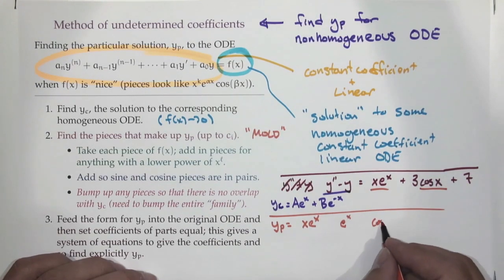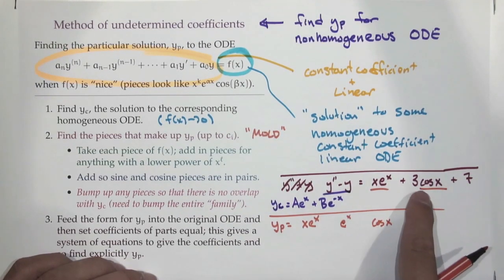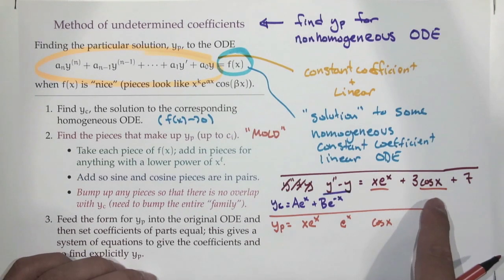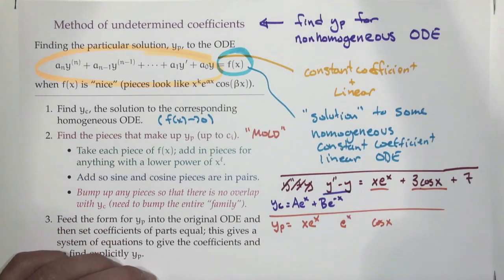All right, that's going to be a piece. Any lower powers of x we need to worry about? No. Do we need to worry about the 3? There's a 50-50 chance, yes or no?